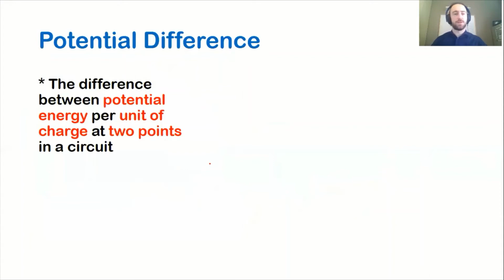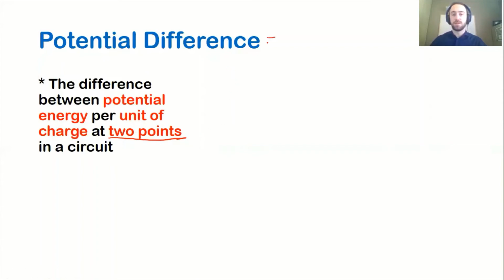What is potential difference? Well, potential difference is the difference between potential energy per unit of charge at 2 points in a circuit. So the important thing to remember is it's at 2 points in a circuit. There's no potential difference if you're looking at a single stationary point.